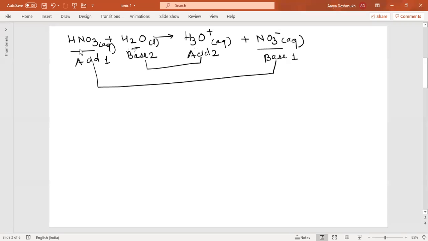So H2O accepts the proton from HNO3. Here this H2O accepts a proton and gets converted into hydronium ion. Now you can say this water molecule, in the above reaction, acts as a base.